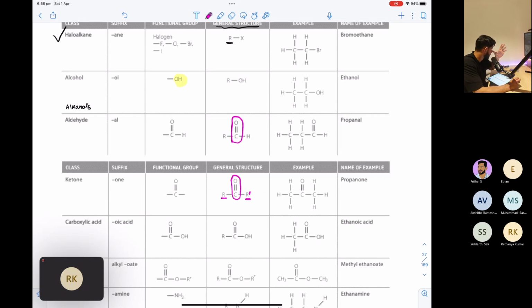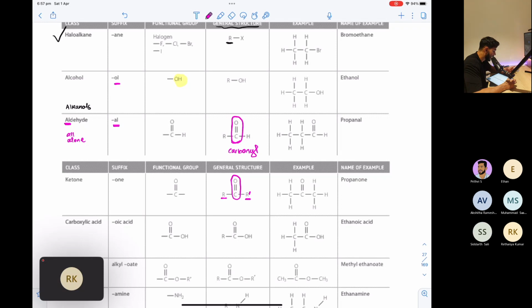Now, in terms of the suffix, just like with an alcohol where we end in ol, with an aldehyde we end in al. The way I remember this is aldehyde has an al in its name, and I remember al means the aldehyde is all alone. That's my little mnemonic way to remember it. So now I remember the carbonyl group, which is a functional group, is all alone at the end of the structure. Okay?